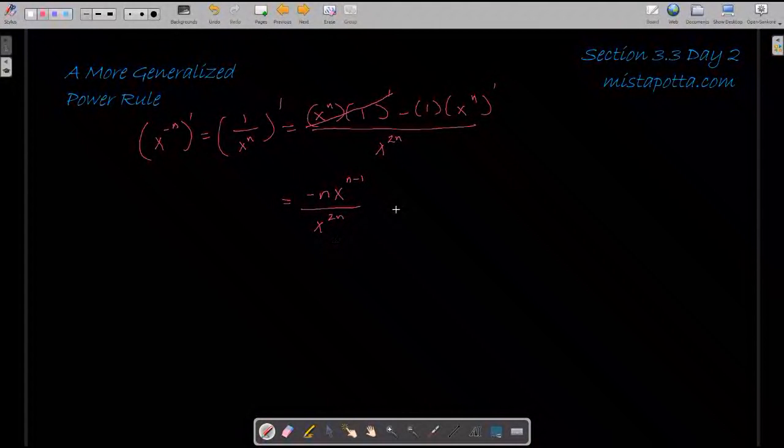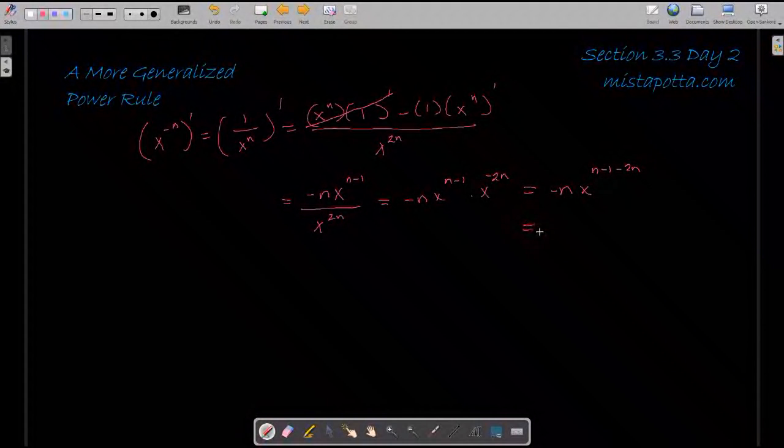But remember that when I'm dividing by an algebraic expression, that really means I'm multiplying times its reciprocal, which in this case would be x to the negative 2n. And when I multiply terms, I add the variable exponent. So I have negative n times x to the n minus 1 minus 2n power.